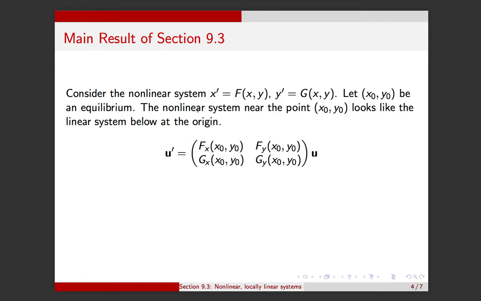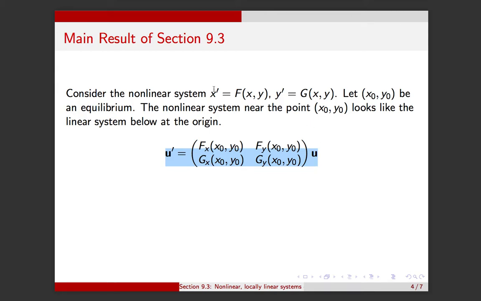Then the nonlinear system, so this one here, near this point, so if you zoom in on this point, what you will see is this linear system as if it were at the origin. So let me just say that one more time.